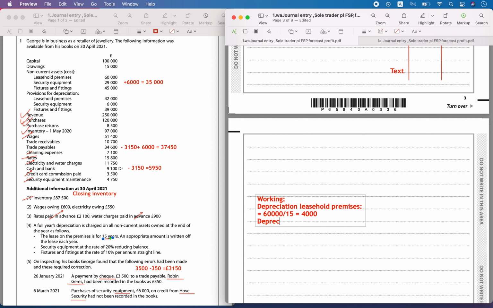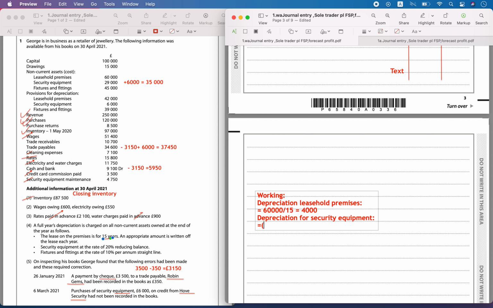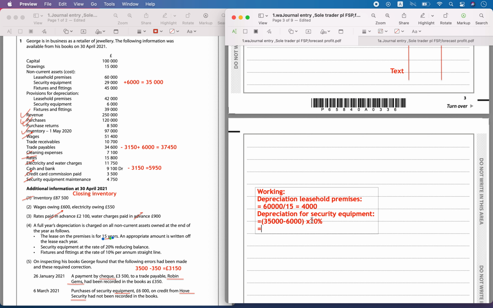So depreciation for security equipment is 35,000 minus 6,000, times the rate of 20 percent. You should know the formula for calculating depreciation using the reducing balance method: it is the cost minus the accumulated depreciation, times the rate.